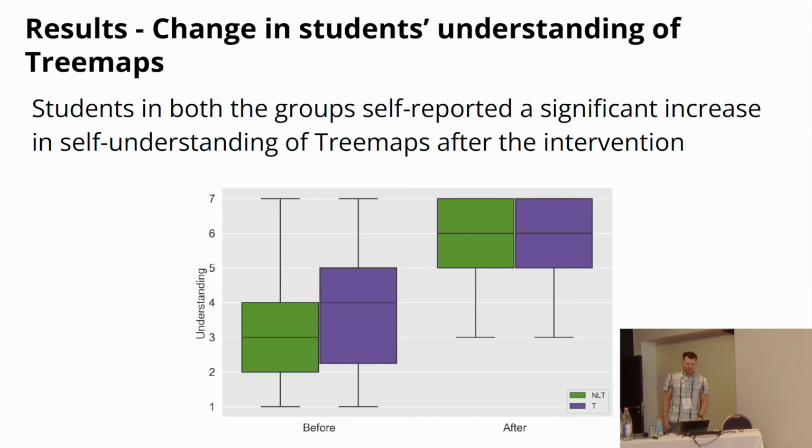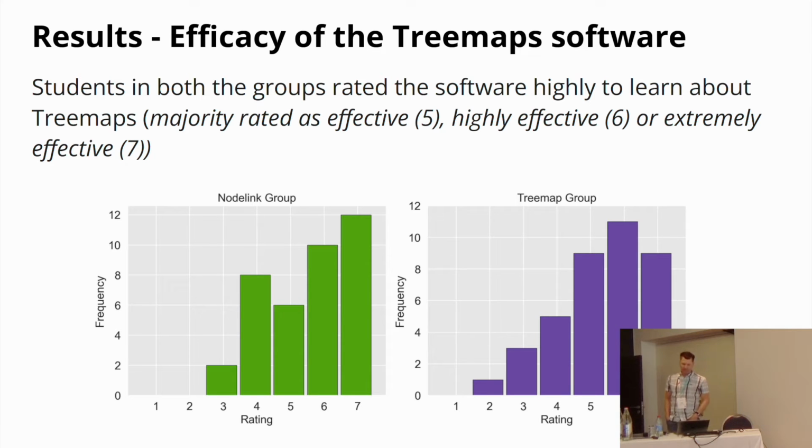Students in both groups self-reported a significant increase in understanding of tree maps after the intervention. And students in both groups reported positively in their confidence that they learned something from the experiment.